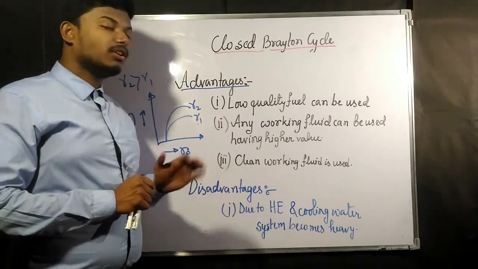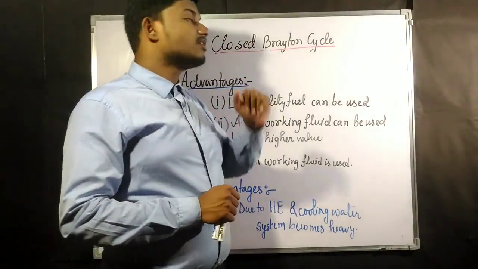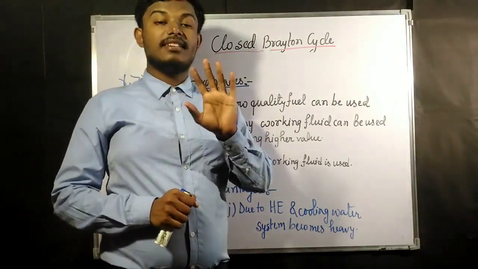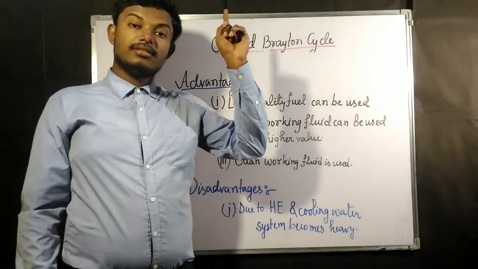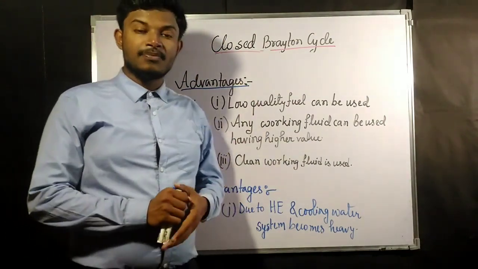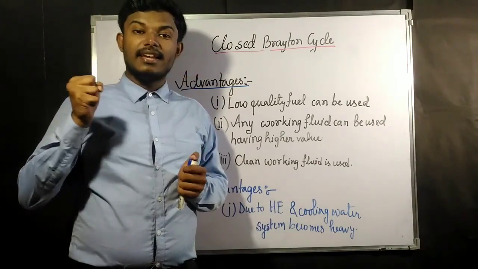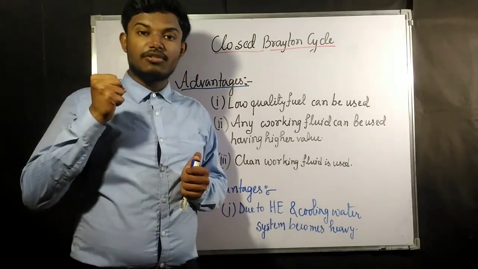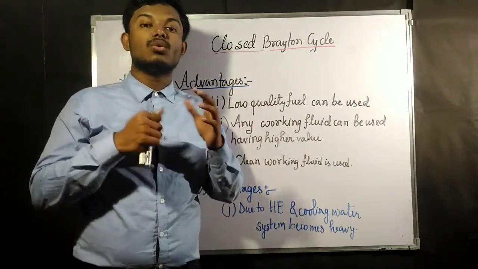And disadvantage, there is only one disadvantage, and it was an advantage in the open Brayton cycle. We had said that due to the open system, as it is taking the air from the atmosphere and leaving it in the atmosphere, the system is not going to have much weight.